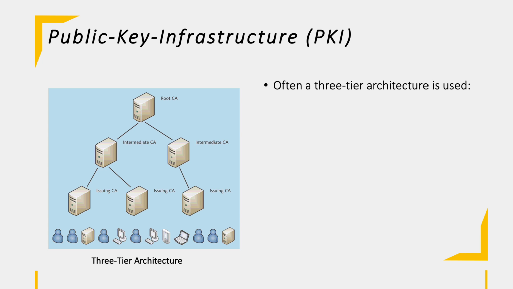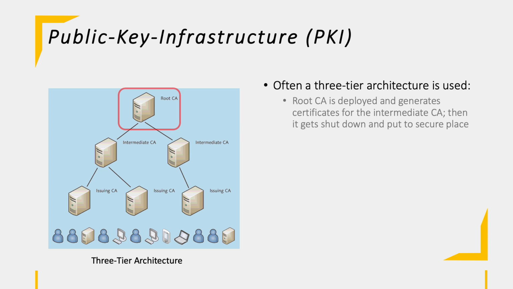For public key infrastructures, we usually have a 3-tier architecture, which is outlined on the left. We have a root certificate authority, which is usually deployed and generates a certificate or multiple certificates for underlying intermediate certificate authorities, intermediate CAs.